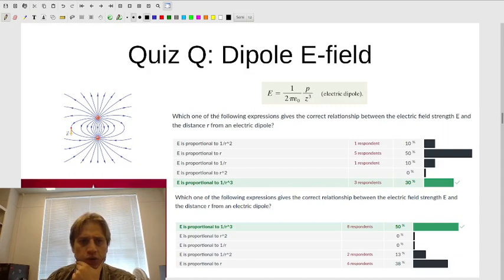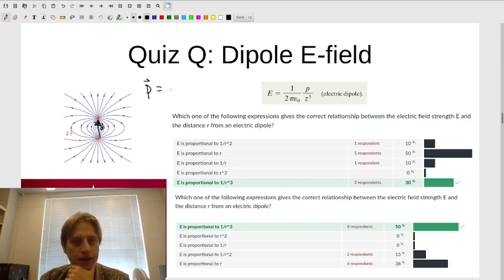Then we had: which one of the following expressions gives the correct relationship between the electric field strength E and distance r from an electric dipole? An electric dipole, remember, is a plus and a minus charge that are separated by some distance little d, and the dipole moment is given by a vector that points from the minus side to the plus side with a magnitude of q times d.